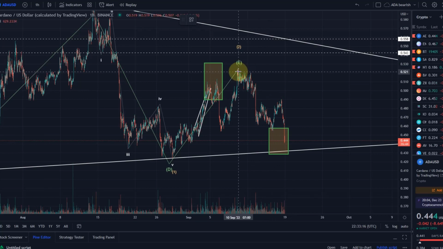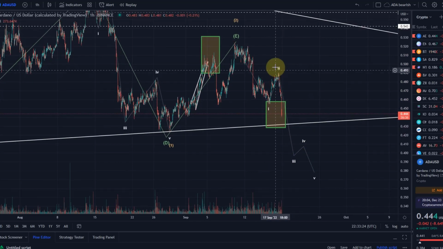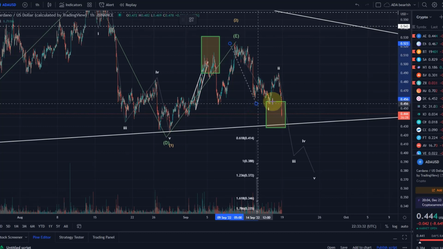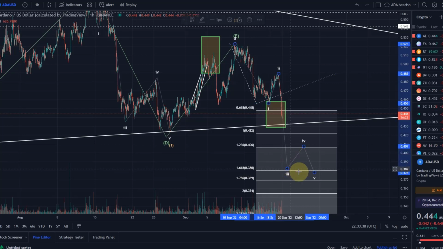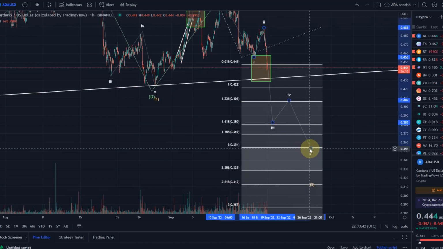So that we say here, this was a wave 1 already, this was the wave 2 retracement already, and we're now in the 3 down. This particular wave 3 should lead to new lows if it is the wave 3, because if we look at the length of the wave 1 and then the high of the wave 2, you're looking at an ideal level of 38 cents for the wave 3, and then for the wave 5 here 31.2 cents.